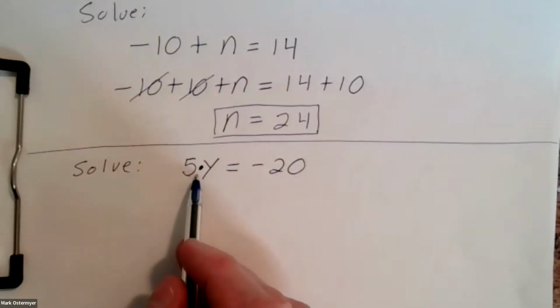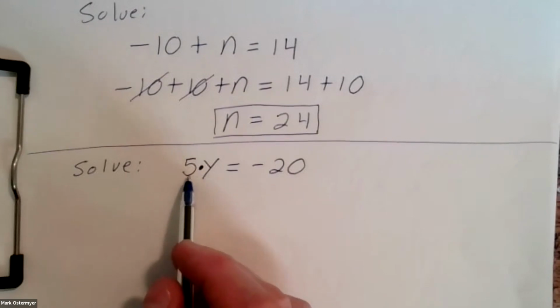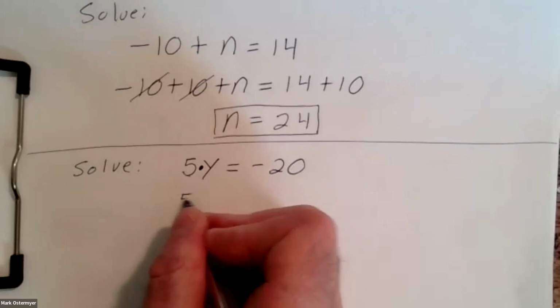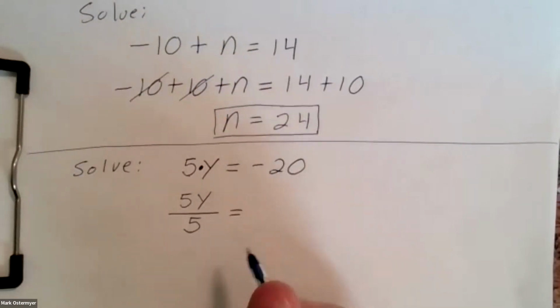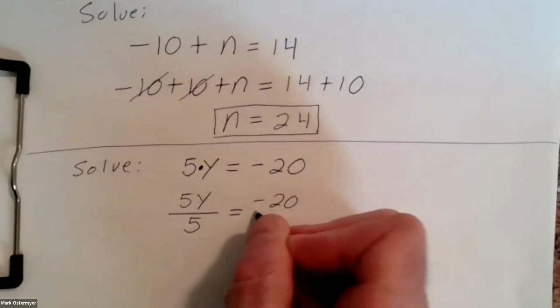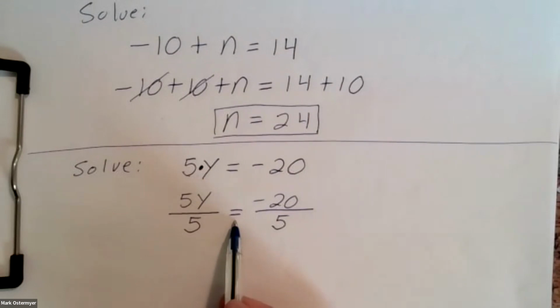So what's the inverse of multiplication? That would be division. In order to get y by itself on the left side of the equation, we're going to divide the left side of our equation by the 5, the thing we want to get rid of. But if I divide the left side of my equation by 5, I must also divide the right side of my equation by the same number to maintain equivalence.